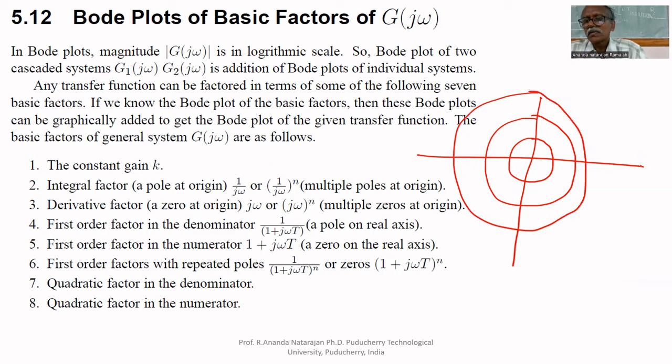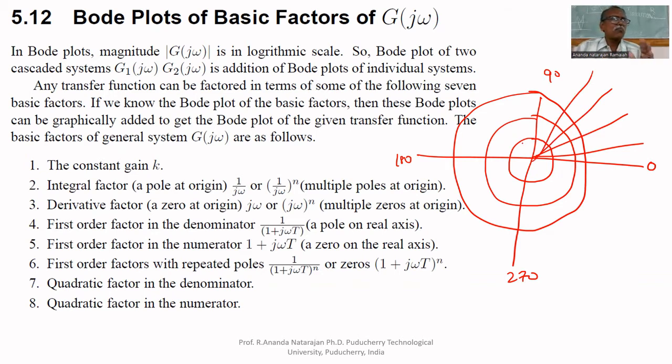This is 0 degree, 90 degree, 180 degree, 270 degree, again 360 degree. So the angle will be given like this, 10 degree, 20 degree, like that. These axes will be there, so we can plot in polar way.